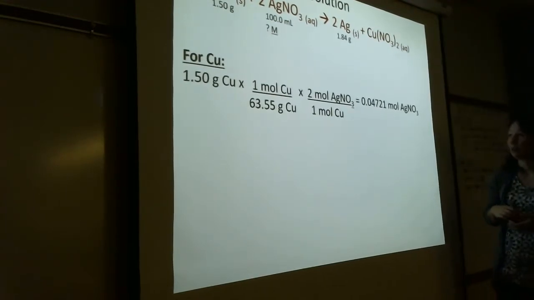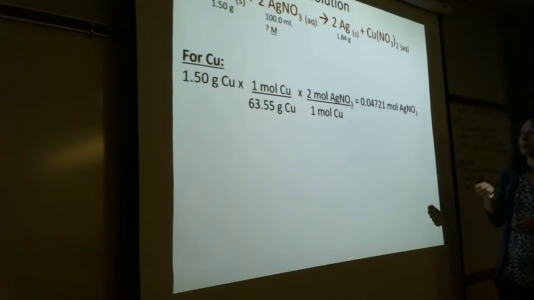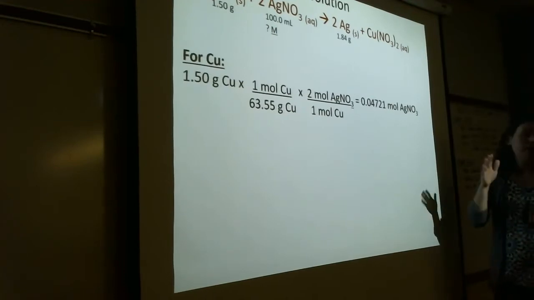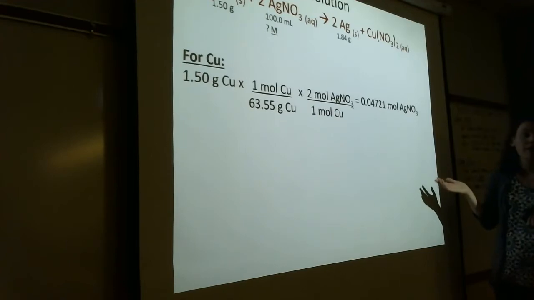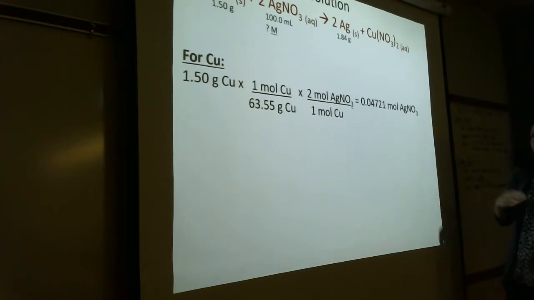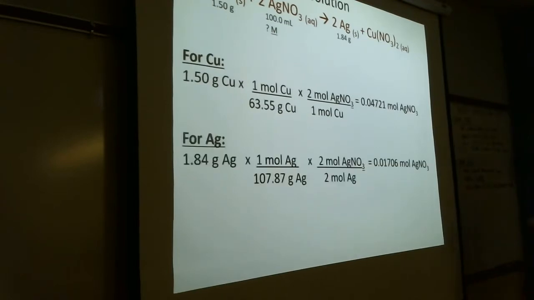You don't need to do that because all you need is moles so that you can calculate molarity as moles per liter. Does everybody see why? That's unnecessary work because you're going to have to convert grams back to moles before you turn it into a molarity anyway. So that's what I got for copper.